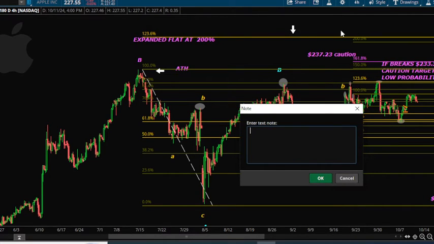So 247.23. If it breaks 237, I think that's 33, 237.33. Caution target is 247.